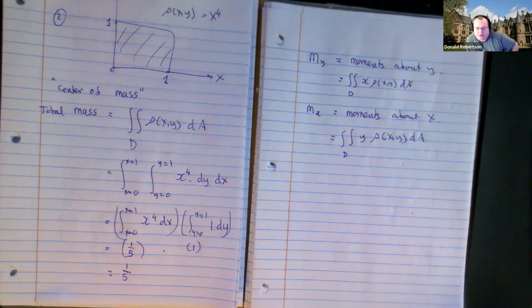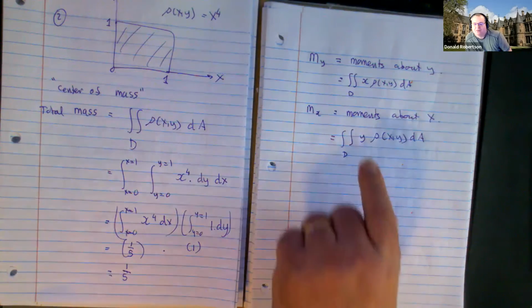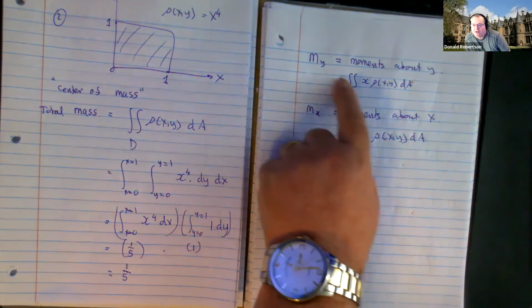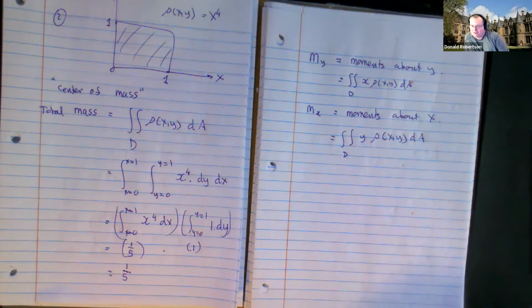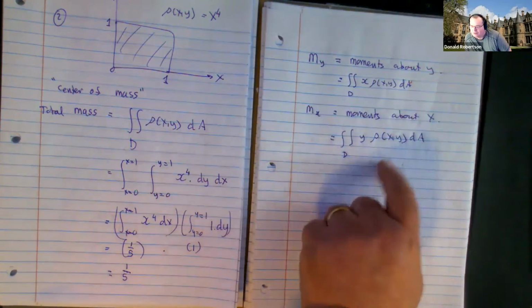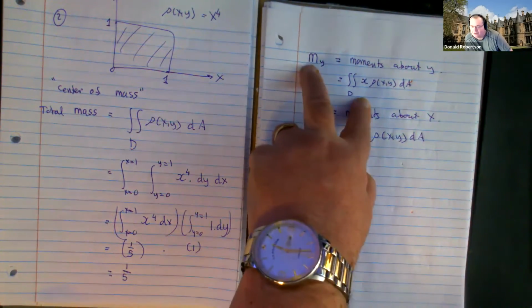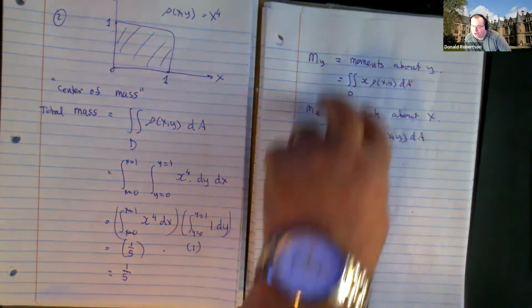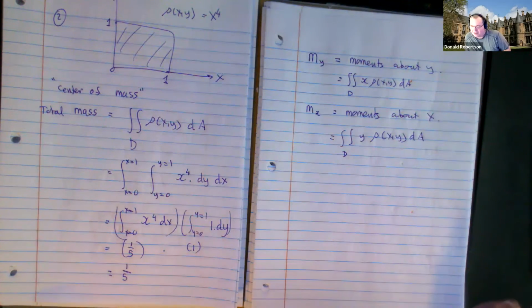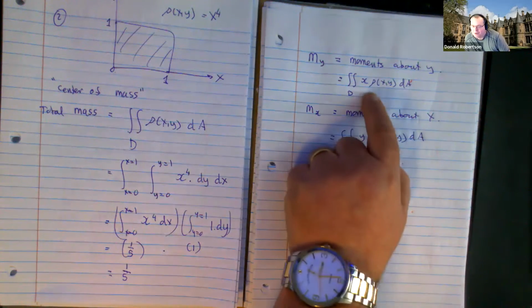Now, the first thing that annoys me is the naming kind of looks back to front. Do you notice that My has an x here and Mx has a y here? Wouldn't it kind of make sense if Mx has your x's and My has your y's? So be careful of that, because the most common mistake that I make is I forget that and I switch places. So if my center of mass is 5,3, I end up writing 3,5, because I got them back to front. So be aware of that.